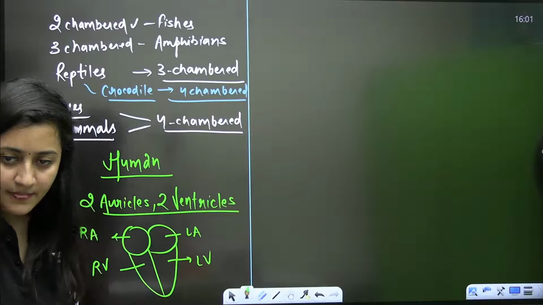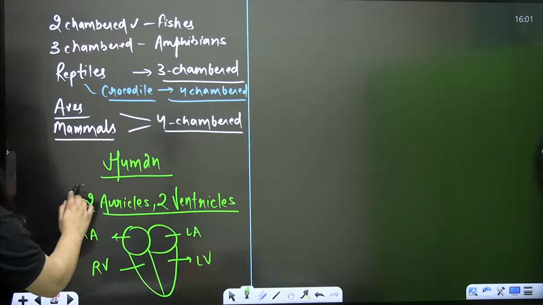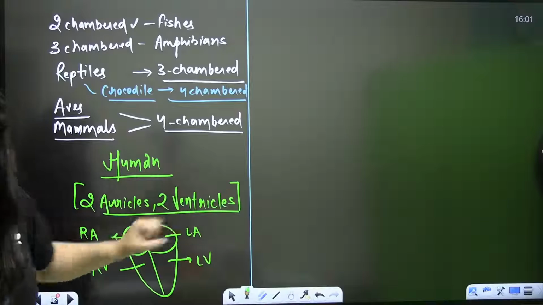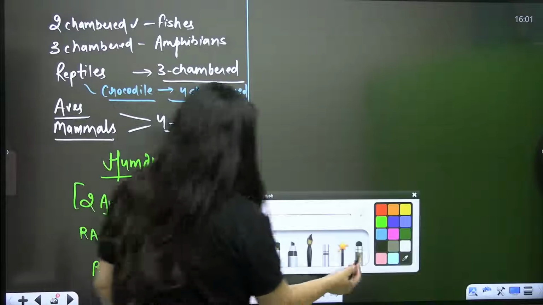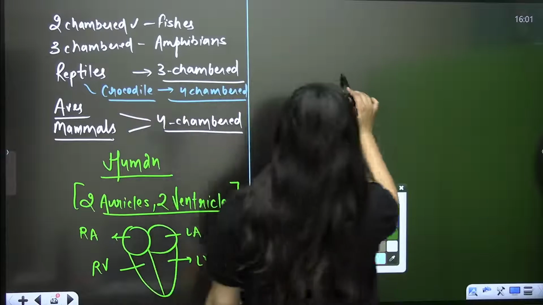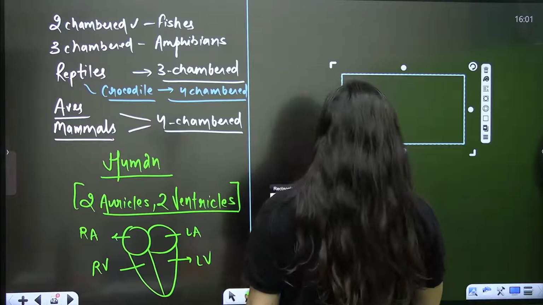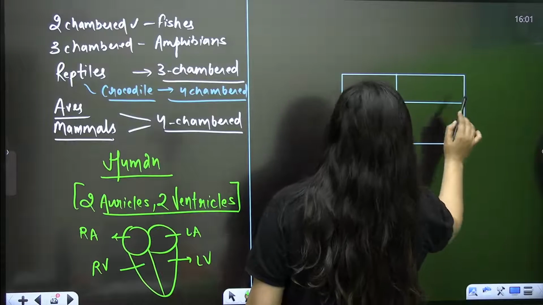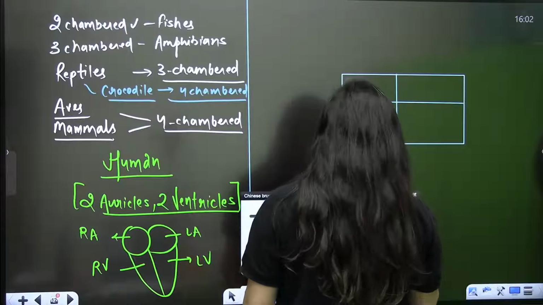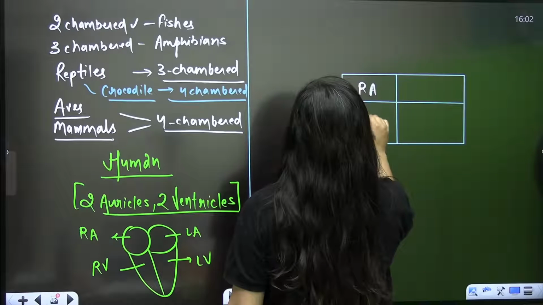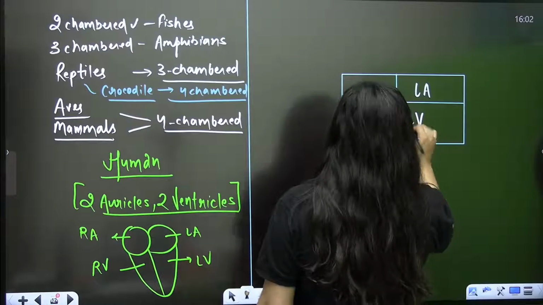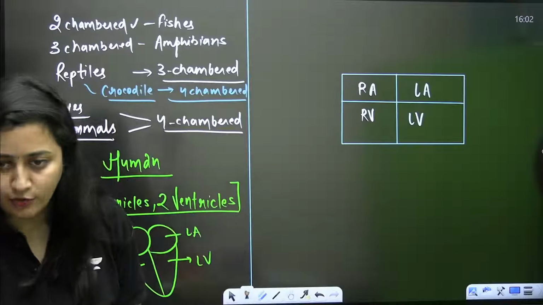They are nothing but the chambers. So let me write it: right auricle, right ventricle, left auricle, left ventricle. That's the human heart having 4 chambers.